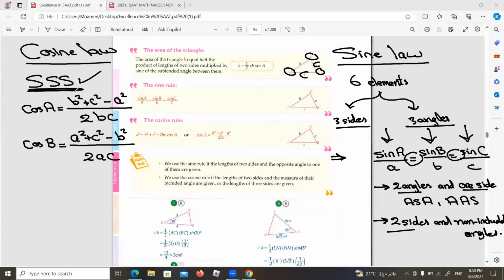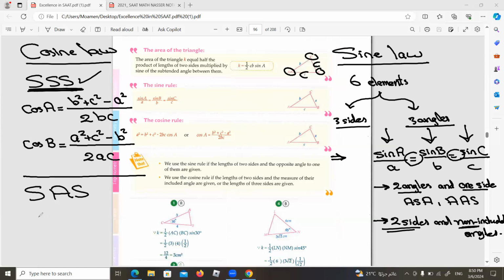Now, if we need to find a side, when do we use this case? Pay attention: two sides and the included angle. It means SAS. Not two sides and a non-included angle, where the angle is not between the two sides. But here, if you have two sides and the included angle, we'll use this rule to find the other missing side.